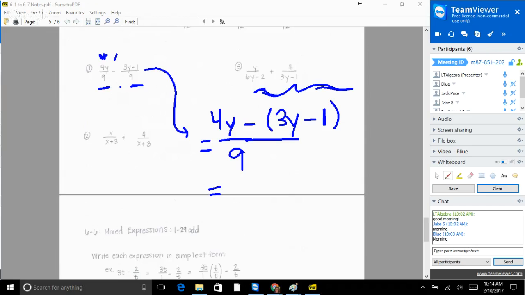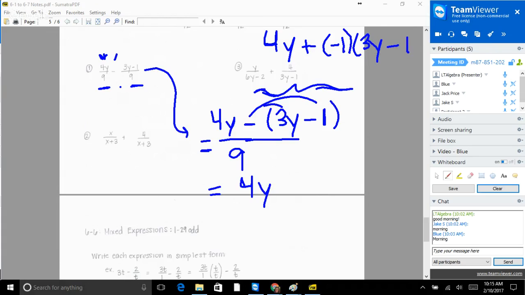So what that means is if I rewrite this, 4y just stays the same, right? This subtraction applies to both items. And different people do this different ways. The way I taught my son is he writes it as 4y plus negative 1 times 3y minus 1, and distributes that way. Or you can just know that you need to distribute your subtraction to each thing.